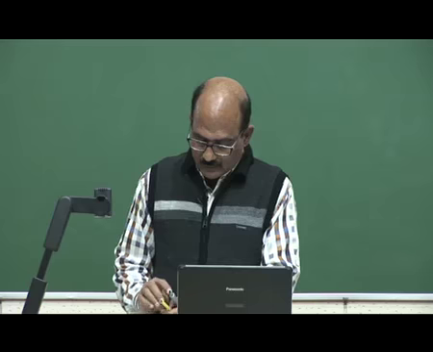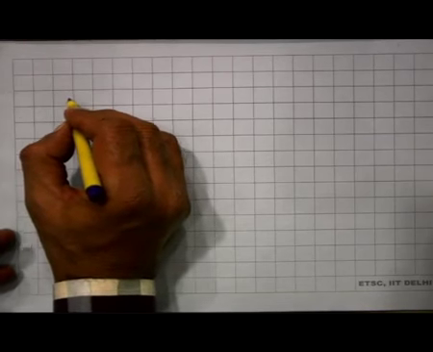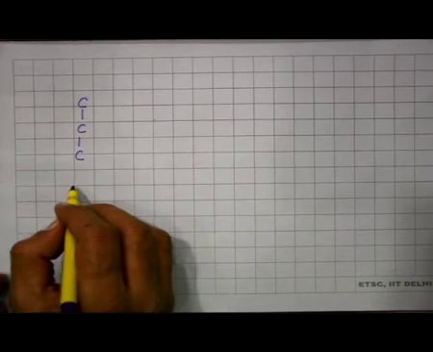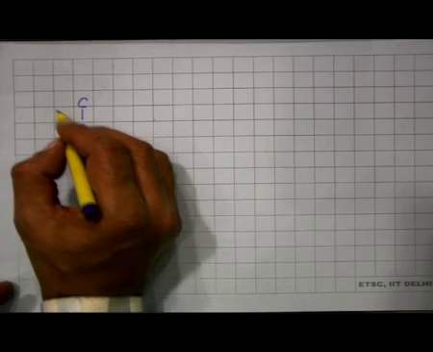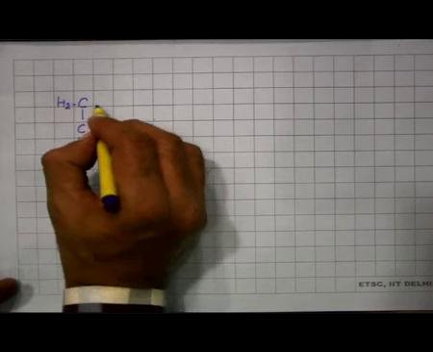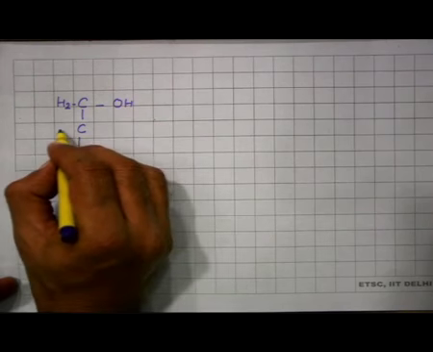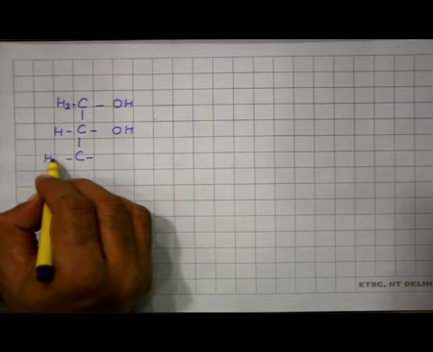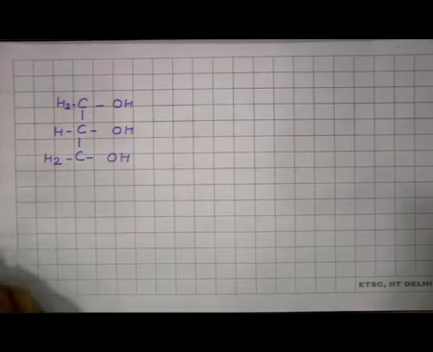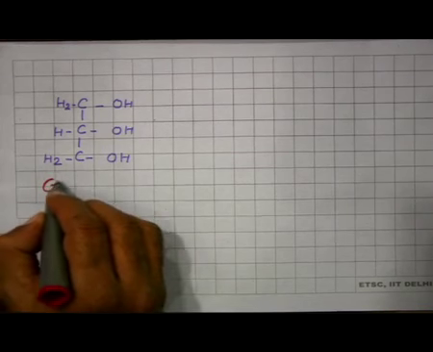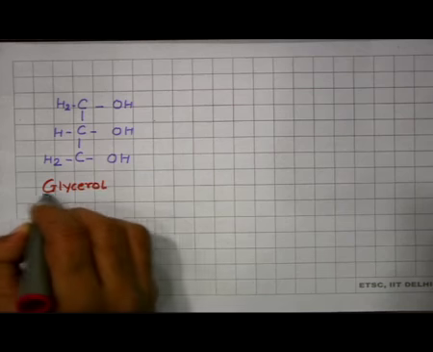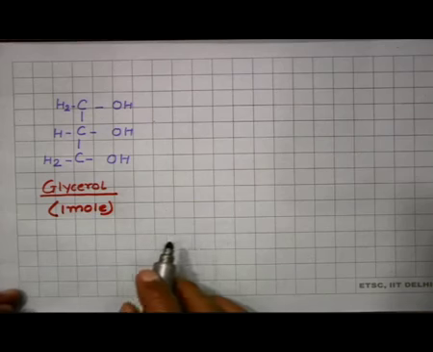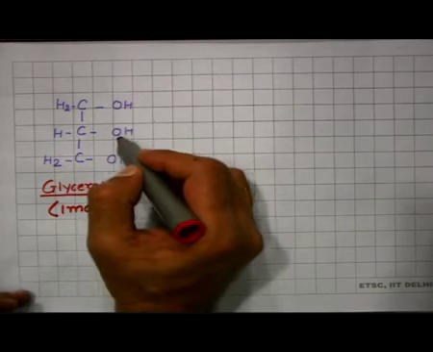You can see here, at the time of formation of the ester bond, we need the glycerol molecule, which contains 3 carbon, with OH, here HOH, here 2OH. This is the structure of glycerol. 1 mole of glycerol has 3 OH groups.